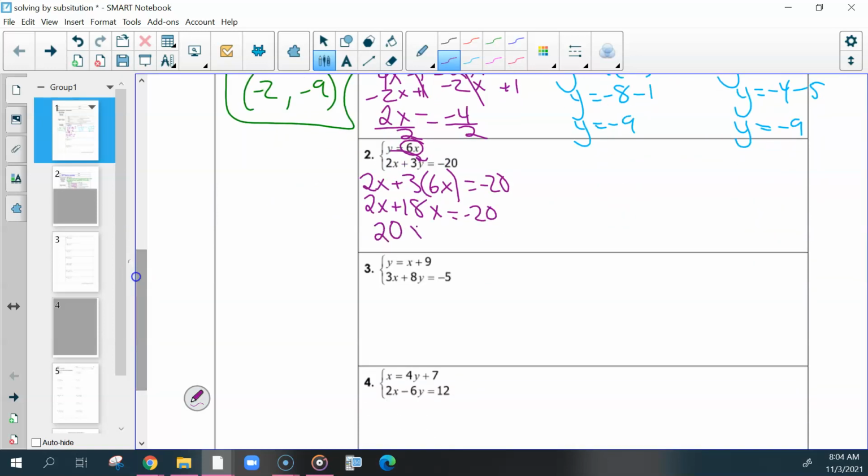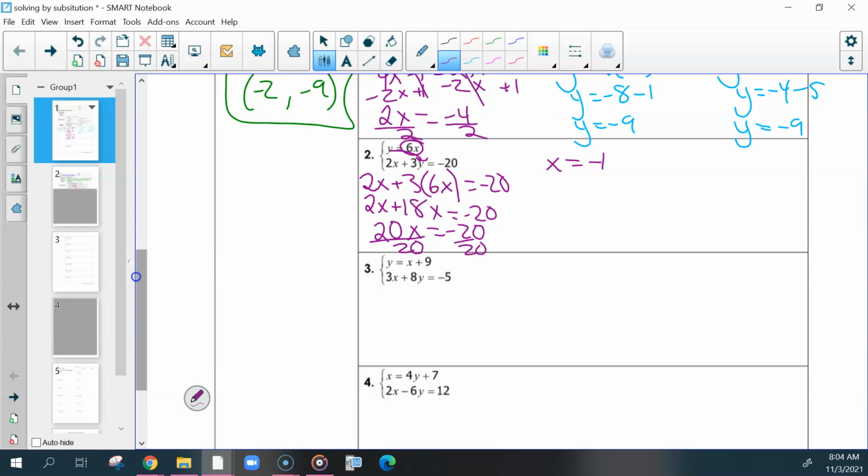So this will give me 20x equals negative 20, divide both sides by 20, and x is negative 1. So we took the equation we were given, substituted it into the other, solved for the variable, and got the answer to that variable. Now we need to put that answer into one of the equations.